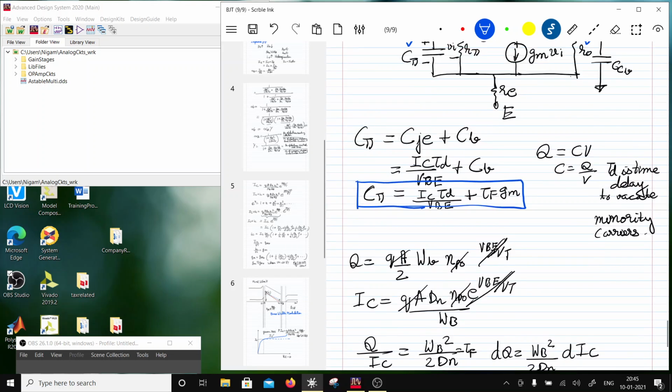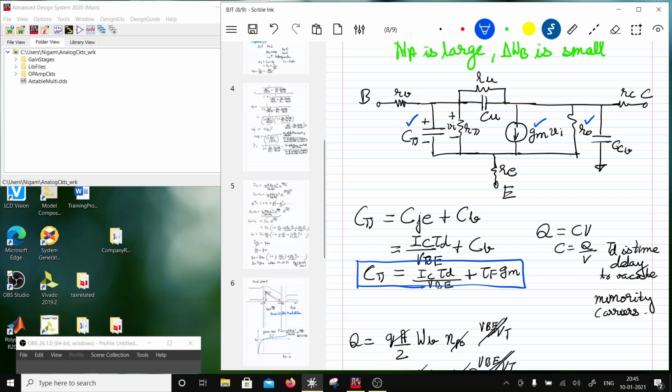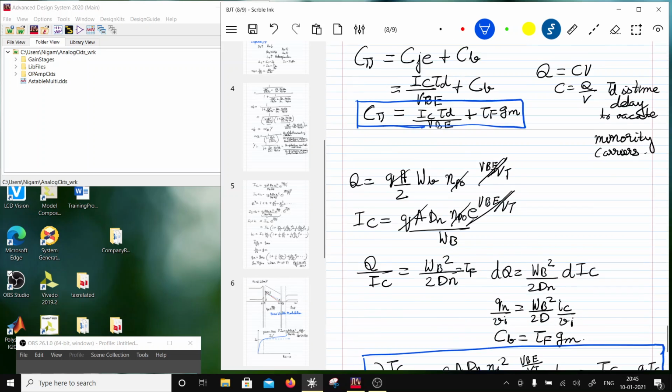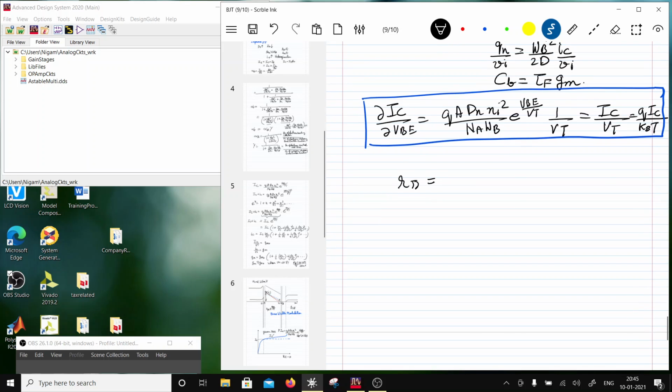So here I have also got the transconductance. Now the next question is, how much is R pi? Let's look at what R pi is. The small signal input resistance R pi is going to be VI over IB. I can read this as VI over IC times IC over IB.